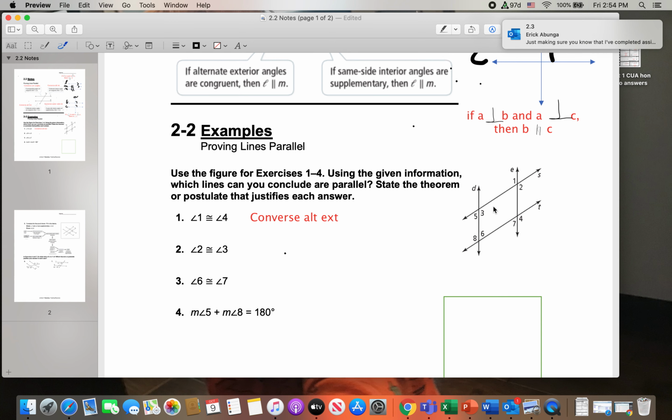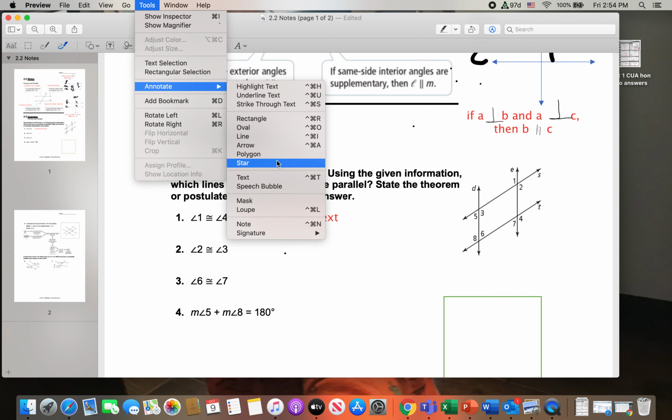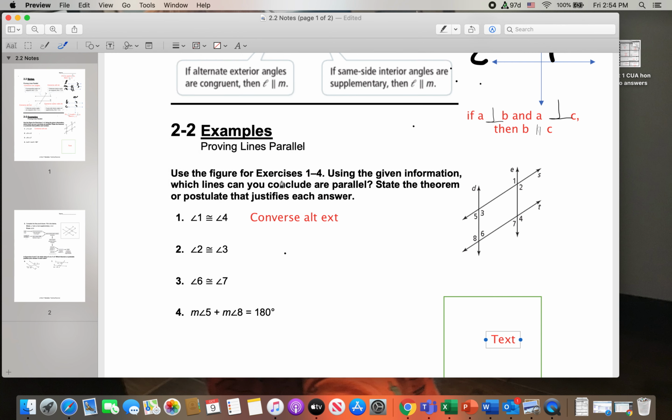It's either going to be same side interior, or corresponding. Well, are they inside or outside of D and E? 3 is on the inside, 2 is on the outside. That means they're both on the southeast corner of each intersection. That's what we call corresponding. Converse, corresponding angles.